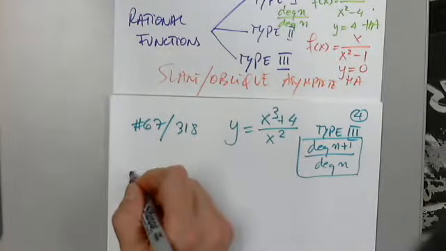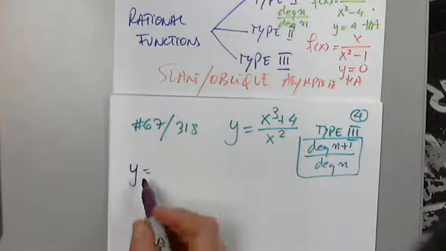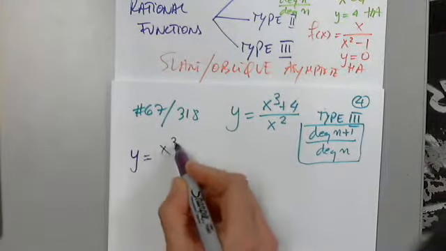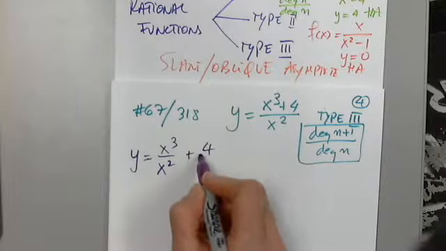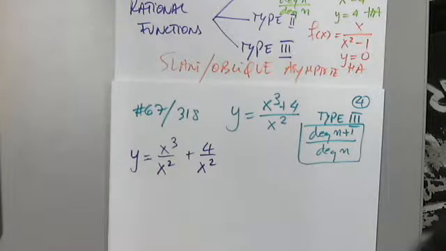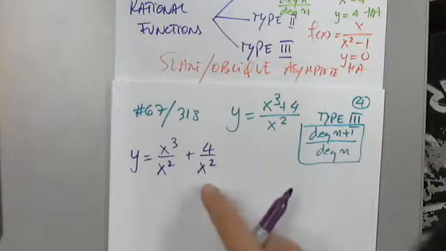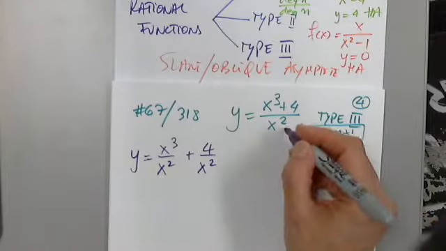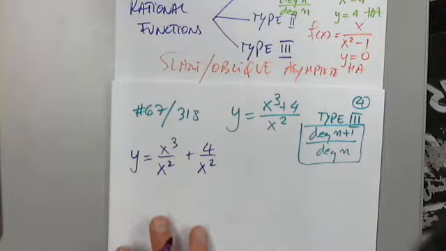Of course, if I can simplify the function, I will. And here's another way of presenting it: as x cubed over x squared plus 4 over x squared. This is not always possible. If I have here x squared plus 1, I cannot do this. If the denominator has 2 terms or more, I cannot do this.